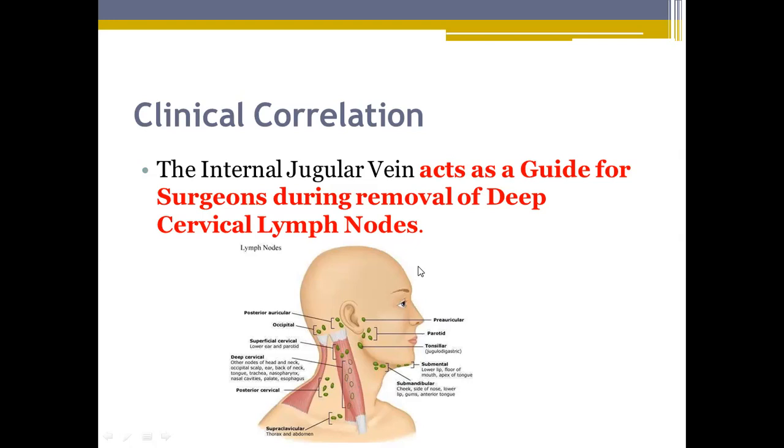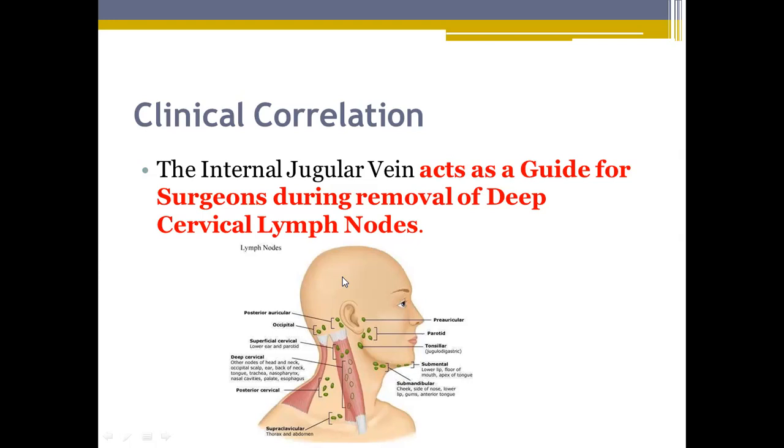And the internal jugular vein is used for IV access, in which case the vein is accessed through the lesser supraclavicular triangle, that is, between the sternal and clavicular heads of the sternocleidomastoid muscle.